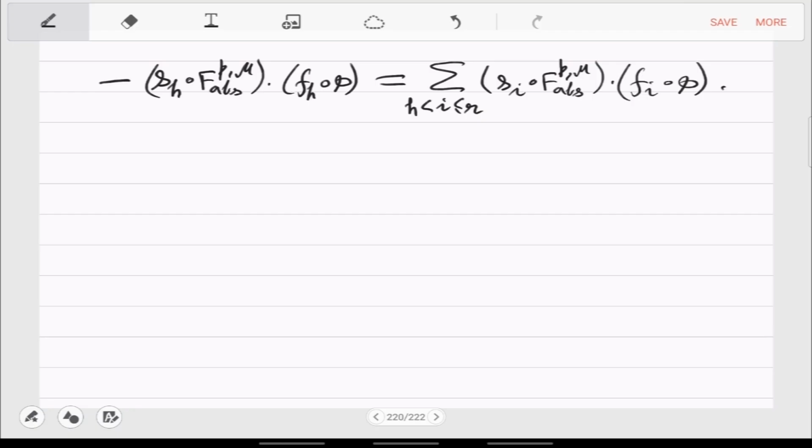So on this, when we apply the valuation, we will get P raised to mu times the valuation of SH. That's for the first factor, the SH factor. For the FH factor, you will get Q times this, and then it's a sum. So valuation on a sum is greater than or equal to the min over i.